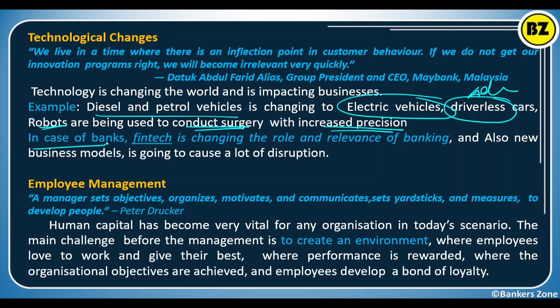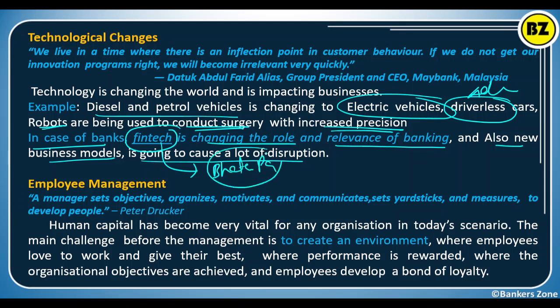Now, in the case of a bank, you can say fintech is changing the role and relevance of banking, and it is also a new business model that is going to cause a lot of disruption in banking. For example, fintech means say Bharat Pay. Bharat Pay is a company. Only one QR code they provide to the merchants, shopkeepers. The shopkeeper receives money, that money goes to the Bharat Pay account, and the merchant can withdraw it.